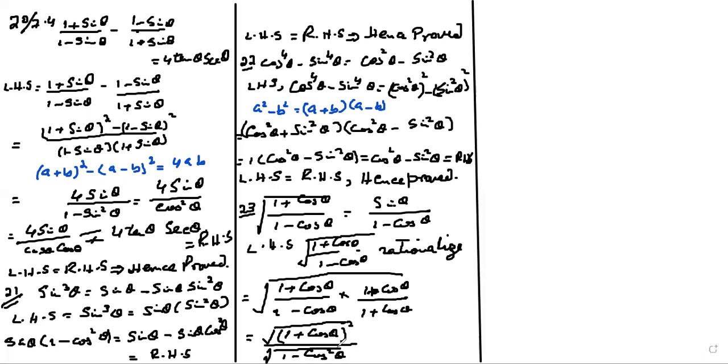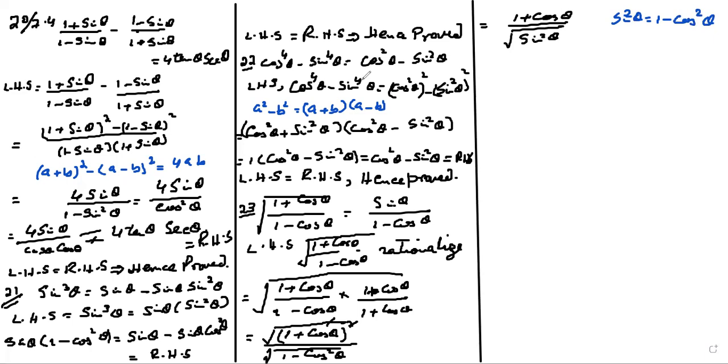Okay. So then in the numerator, square and root get cancelled. So we have 1 plus cosine theta without square. And on the denominator, we have 1 minus cosine square theta, which is sine square theta, which is also under the root. Right, the formula we are using is sine square theta equals 1 minus cosine square theta.